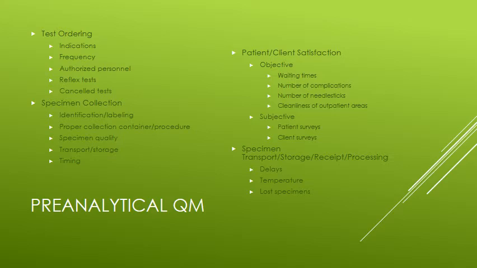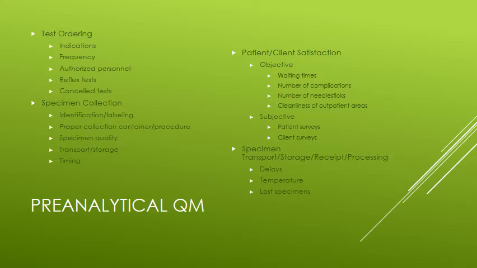Now, when we're looking at quality management and how we can ensure good quality in all areas of the laboratory, we have to look at our targets. In the pre-analytical area of the lab, what are the targets? What are the things that we can either increase education on, increase reliability on, timing, and all that stuff?